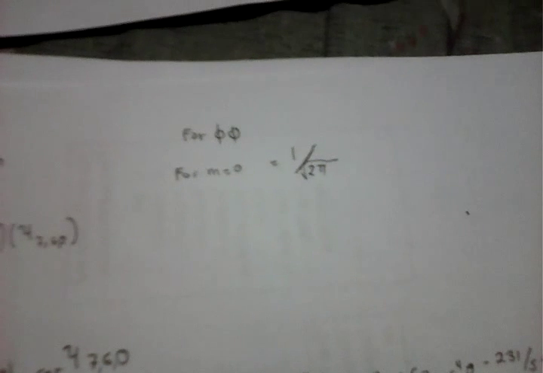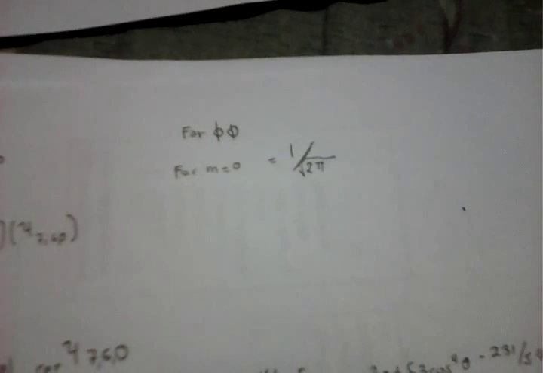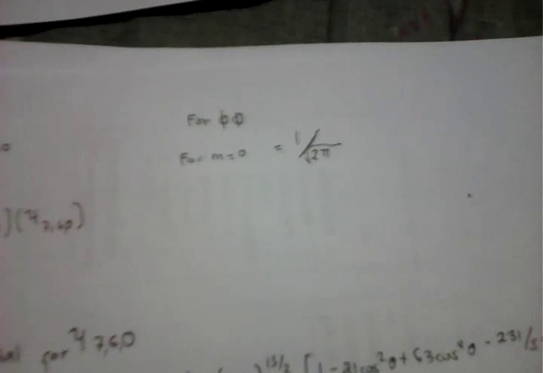Then to get the p, for m equals 0 is equal to 1 over square root of 2 pi only. So combine the radial and the harmonic function.